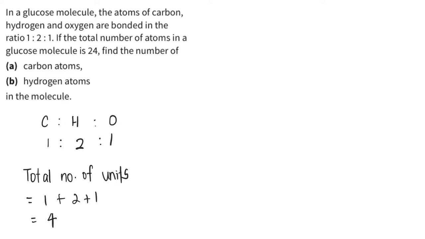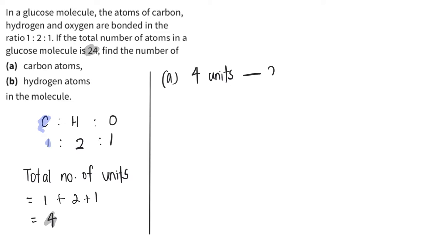And this will be important for our next part of the problem, because for part A, we are required to find the number of atoms for C when we are given the total number of atoms is 24. So this means that 4 units will represent 24 atoms.